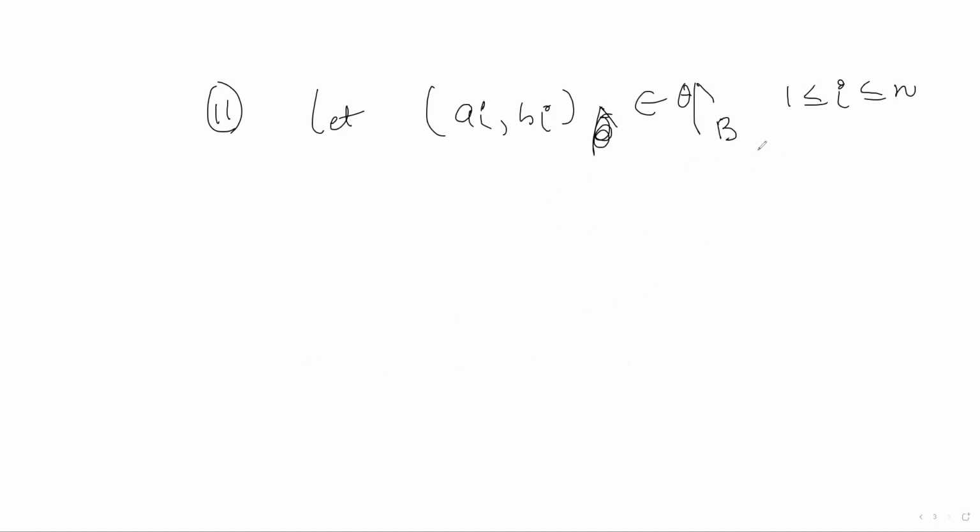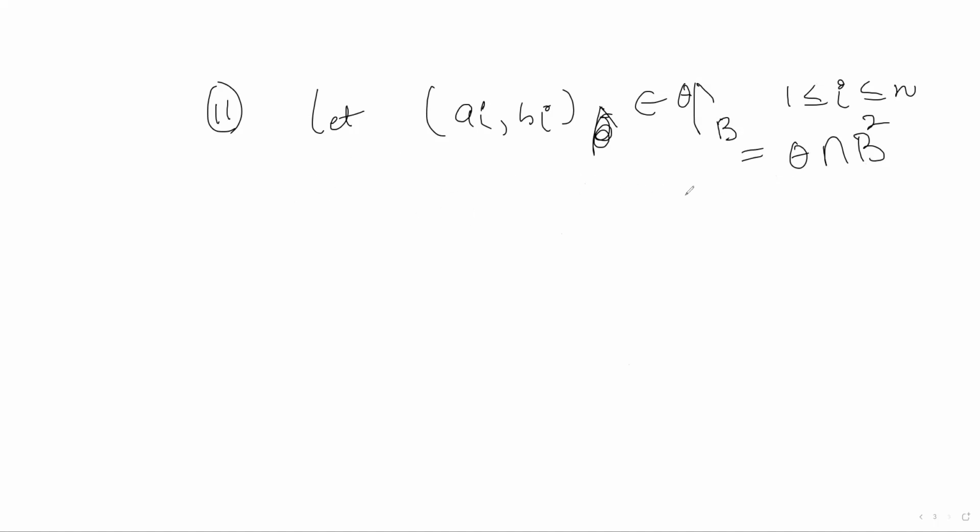So theta restricted on B is actually what? Theta intersection B square. So this means they are theta related and they are actually members of B.